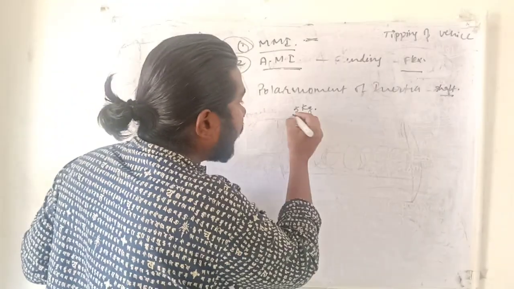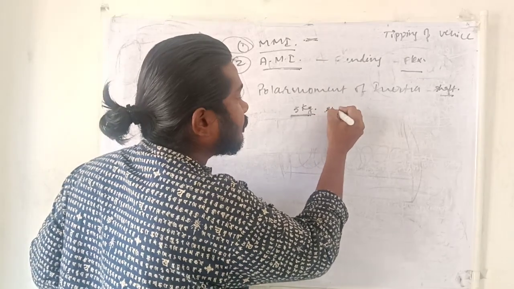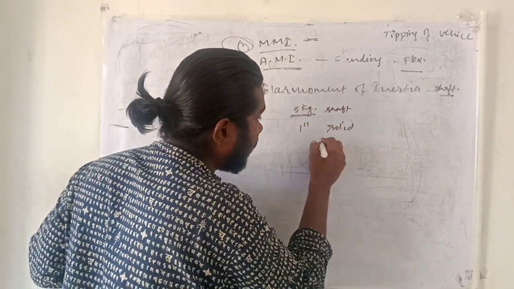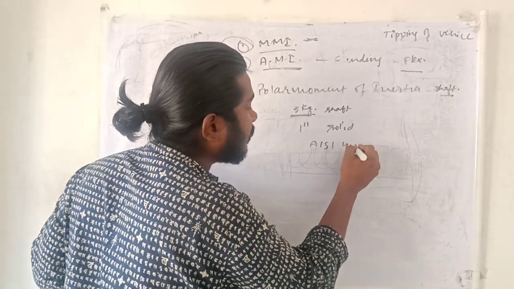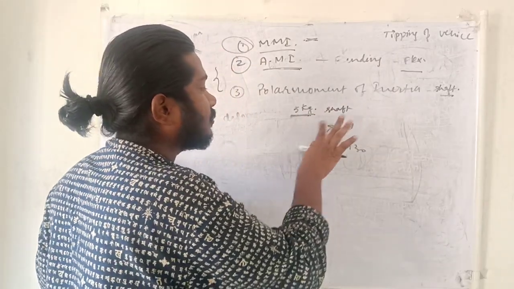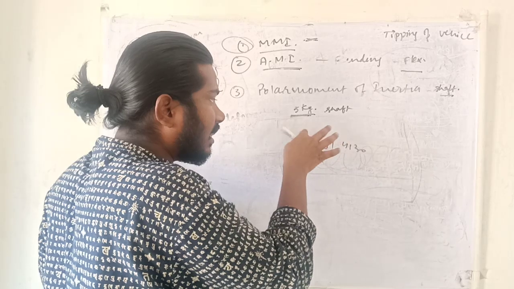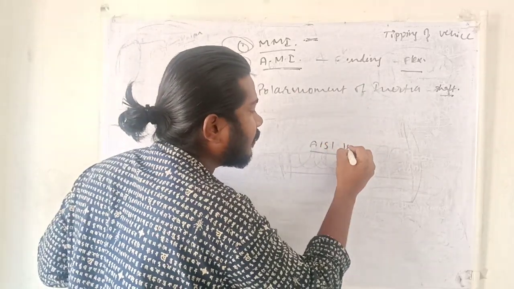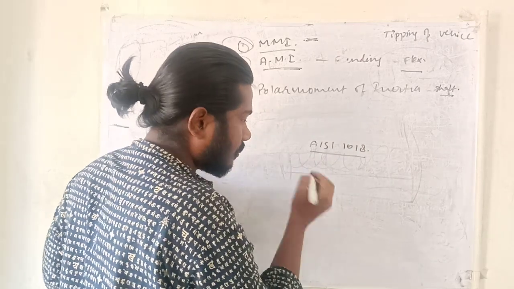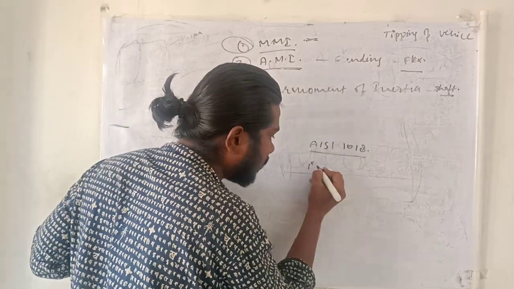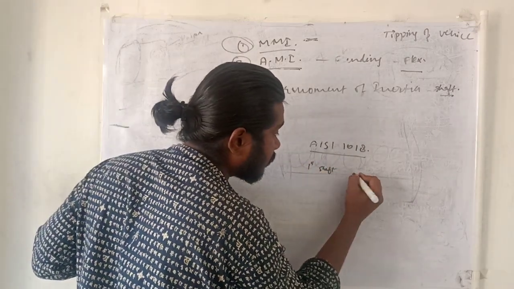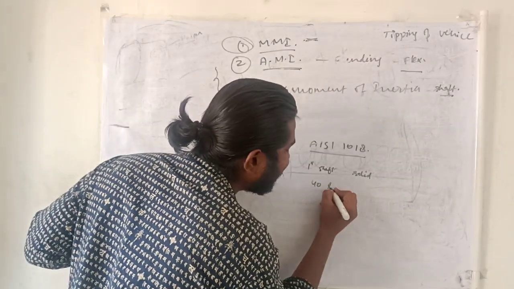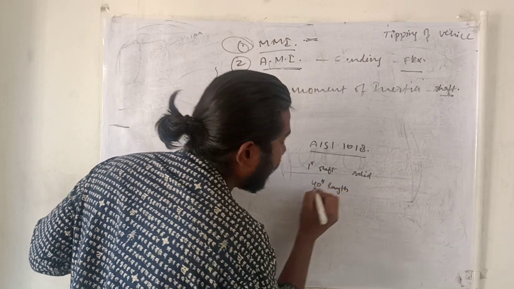Now, if I am having a 5 kg shaft, 1 inch solid, AISI 4130, or just leave it, 1 inch solid, AISI 1018. I am just taking examples. 1 inch solid shaft, 40 inches length.